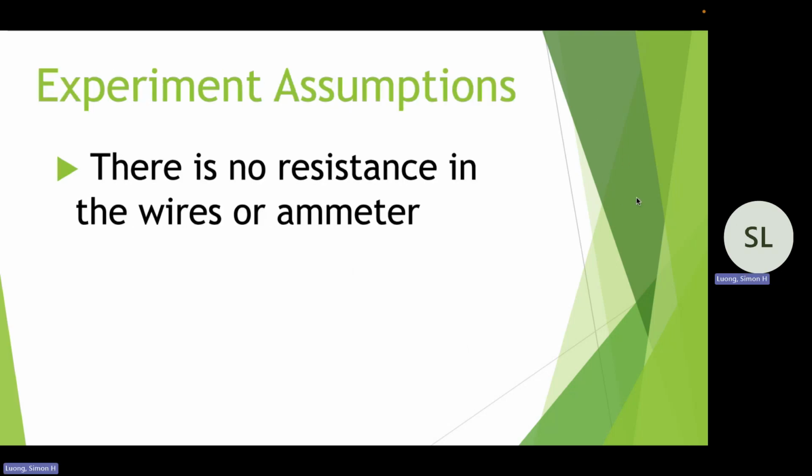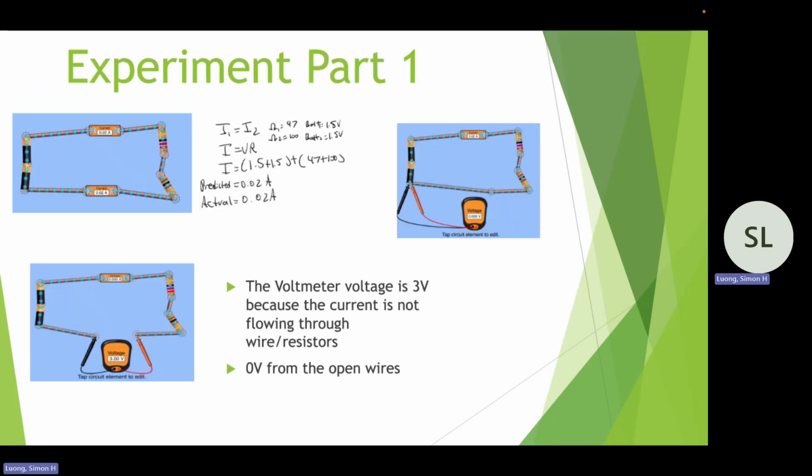Experiment assumptions wise, there is no resistance in the wires or the ammeters. So for experiment 1, I had two 1.5 volt batteries, 47 and 100 ohm resistors, and two ammeters. I solved for the current myself. Taking into account the node rule, current equals voltage divided by resistance.